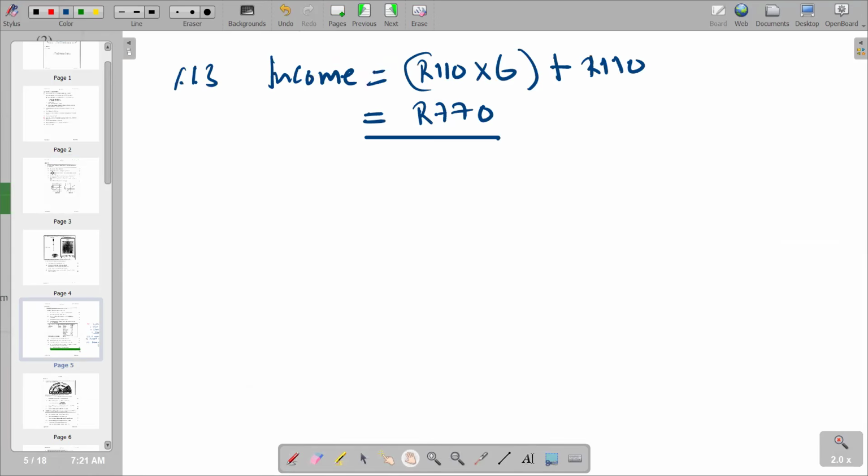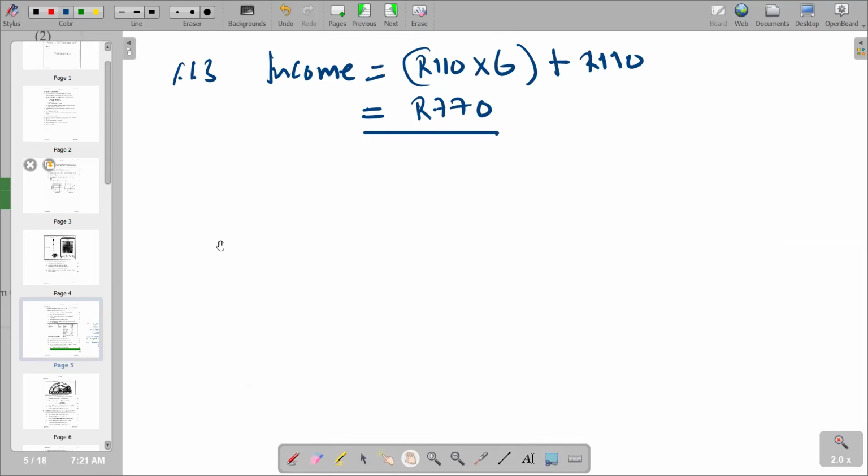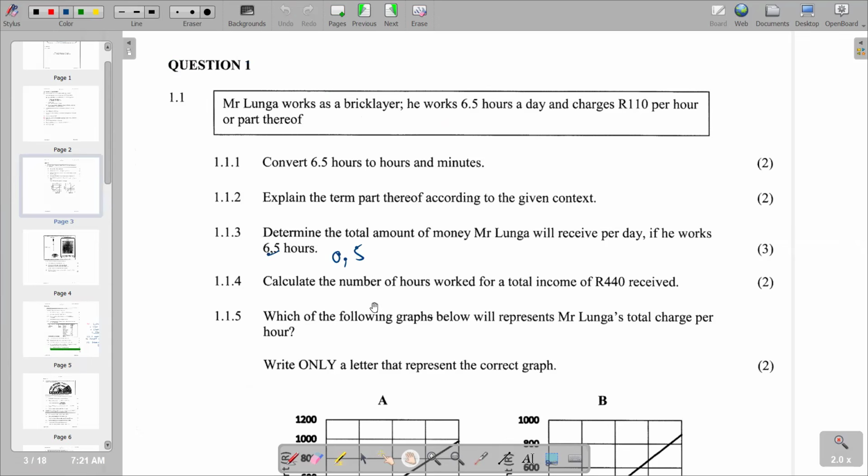And then moving on to the next part of our question, which is now 1.1.4. Calculate the number of hours worked for a total income of 440 rands received. So we know that 110 rands is equal to 1 hour. So what about 440? Basically a simple proportion, whereby we say 440 rands divided by 110.